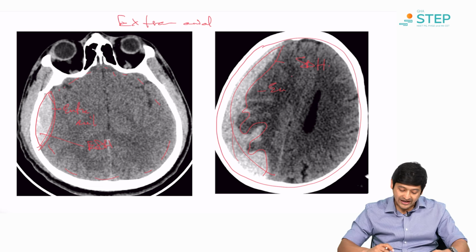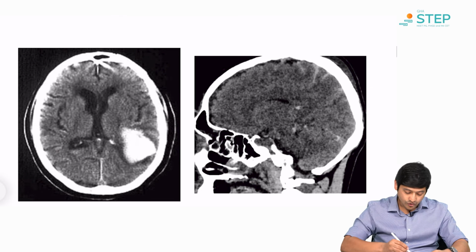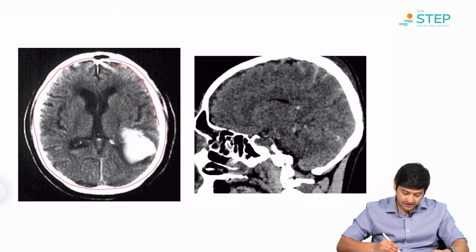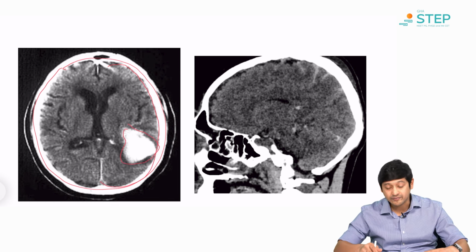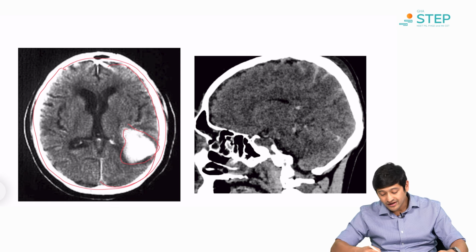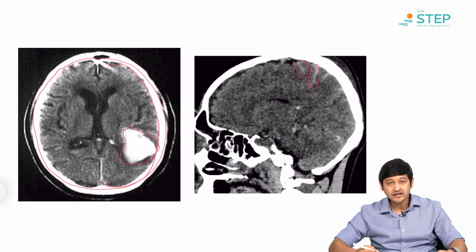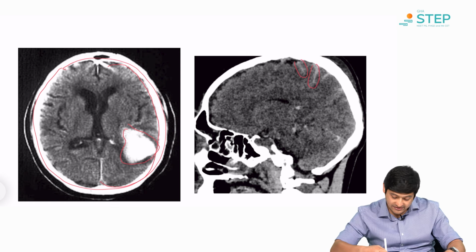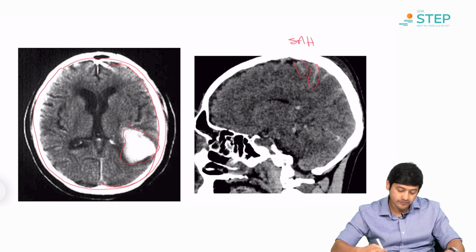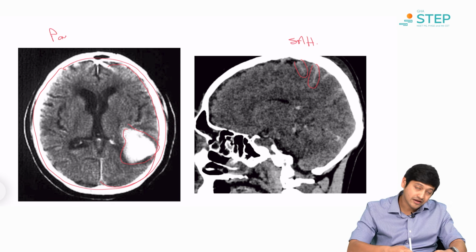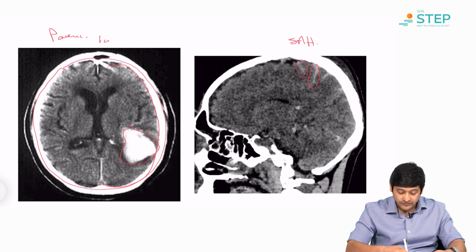So they become extraaxial. On the other hand, you notice something that's inside the cranium, but not outside the parenchyma. It is inside the parenchyma here. This becomes an intraparenchymal hemorrhage. Similarly, when you have hyperdense hemorrhagic content in the subarachnoid spaces, this becomes a subarachnoid hemorrhage. This becomes a parenchymal hemorrhage or a hematoma. All right.